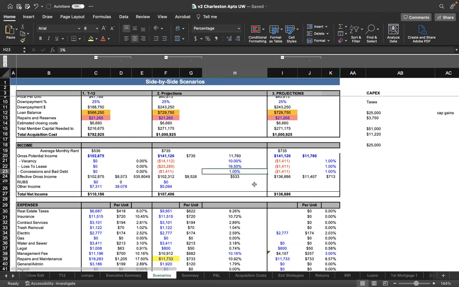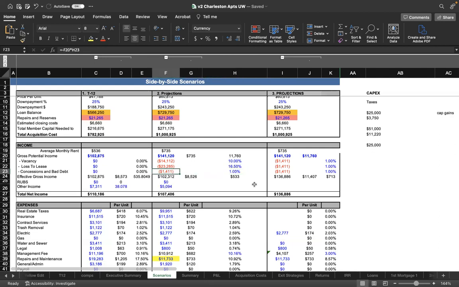That $200 would be a concession. Currently, we aren't doing concessions because we don't need to. We have full occupancy.